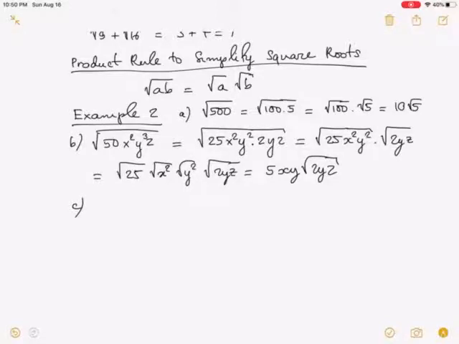Okay, so this is the first example. This is the second example. Now, next example.